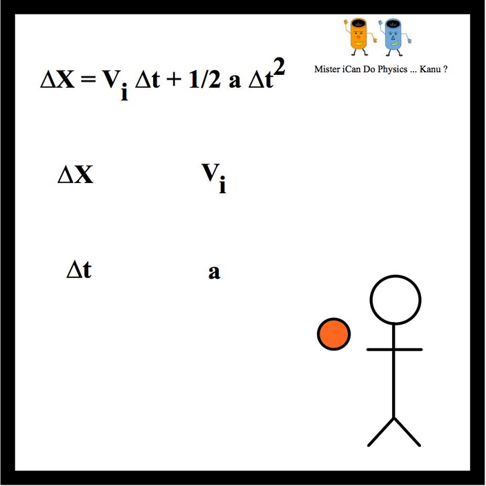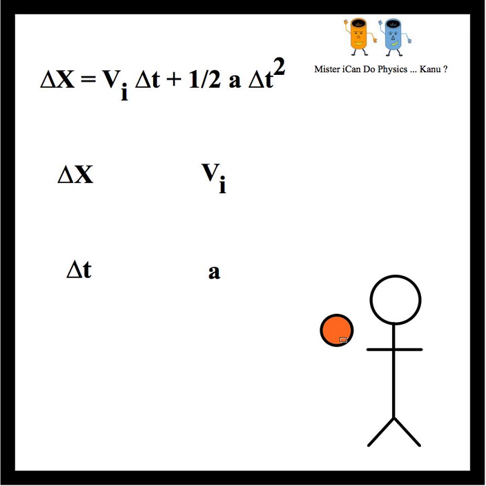The delta t is what's the time frame? How long in time has it been since I launched the ball straight up? And then finally, acceleration a is how velocity is changing over time due to some force that's acting upon it, in this case the force of gravity.